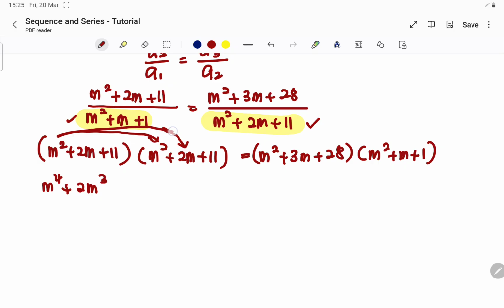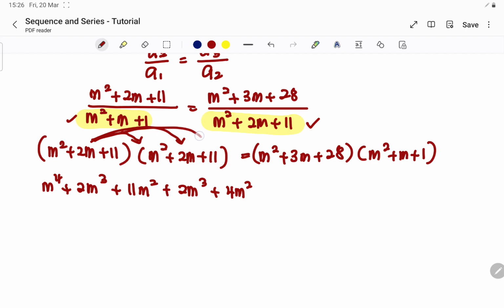M square you multiply with 11, you're gonna get 11m square. Then you settle here, right? So you have to do another one, the second term, 2m times m square, you're gonna get 2m cubed. 2m times 2m, so 4m square. Then 2m multiply with 11, you're gonna get 22m.